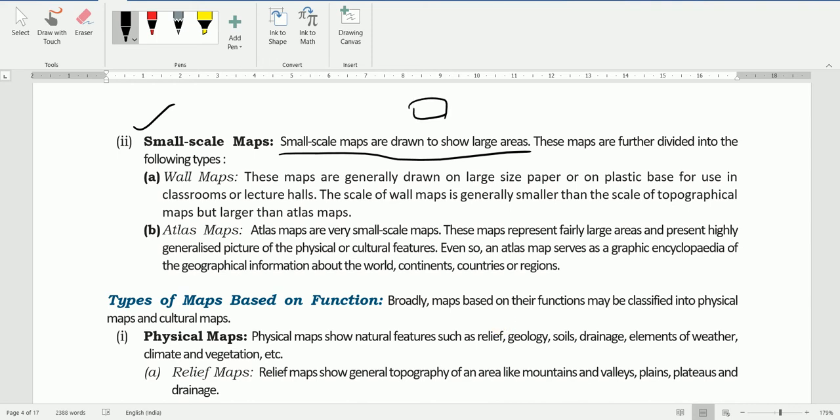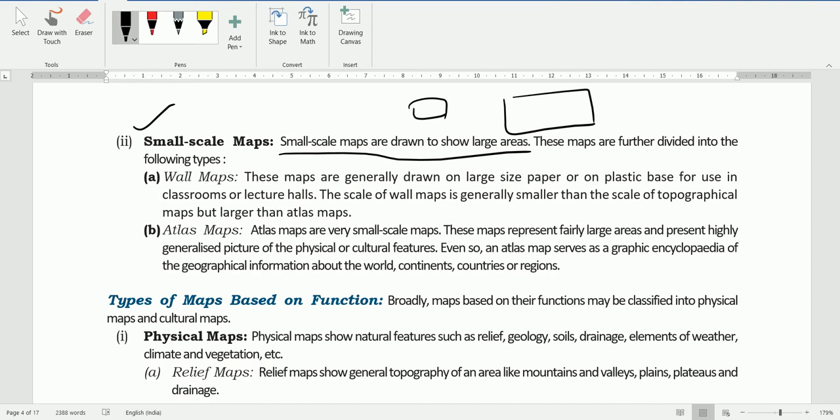For example, in case of large scale, a village or a town will be represented in detail. And in case of small scale map, a large part of the earth surface like the whole of India or the whole continent of Asia will be represented on a piece of paper.